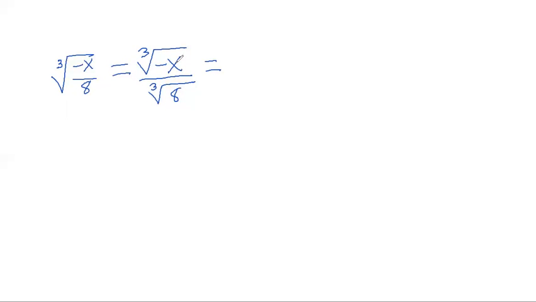So I could actually split that up into the cubed root of negative 1 times the cubed root of x, and then I just rewrite this. So the cubed root of negative 1 is just negative 1.